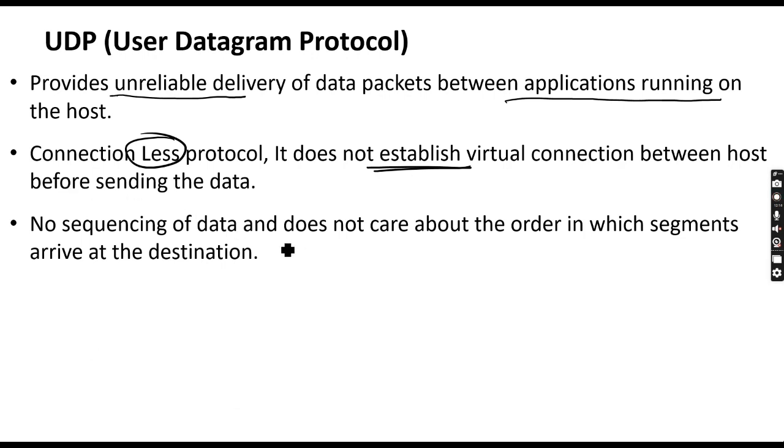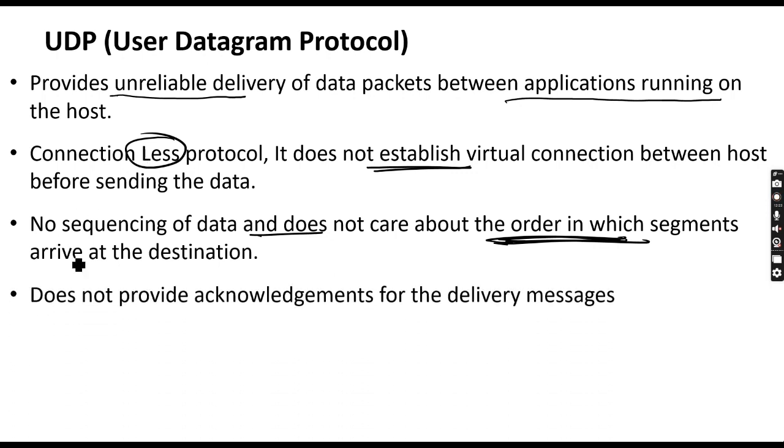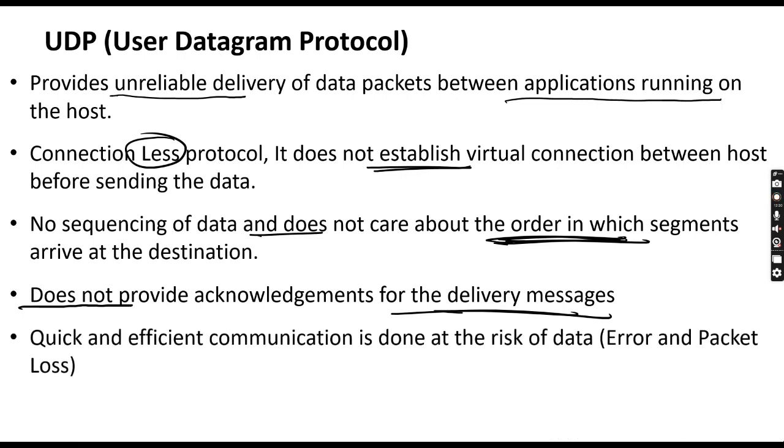There is no sequencing of your data and it does not care about the order in which the segments arrive. It does not provide acknowledgement for the delivered messages. That's the main reason it is an unreliable service. One major and important point to remember, it is very quick and efficient communication, because it doesn't need to establish any kind of connection before forwarding the data.